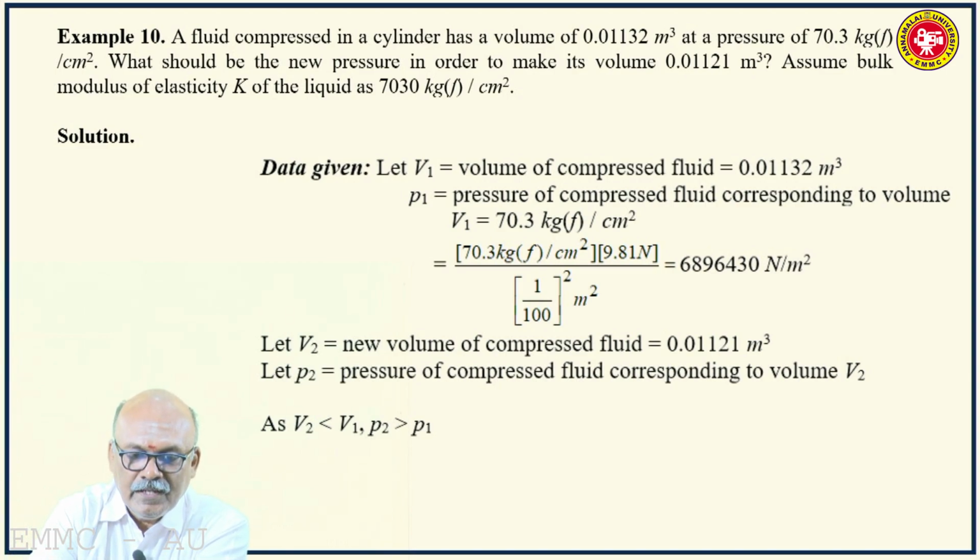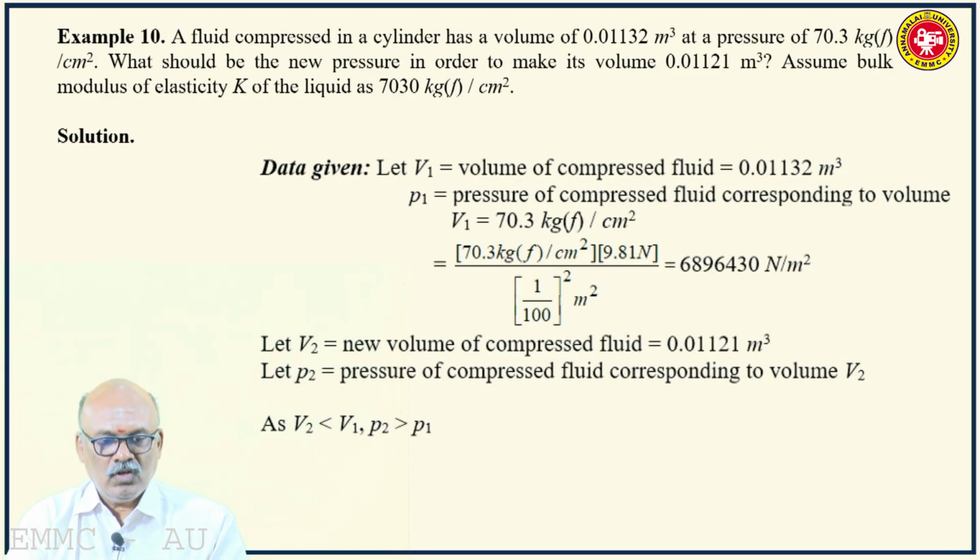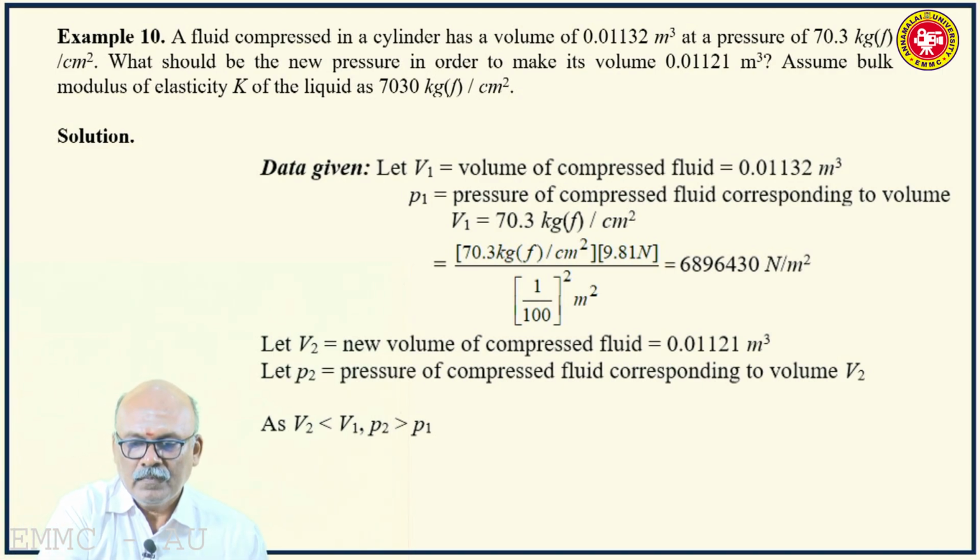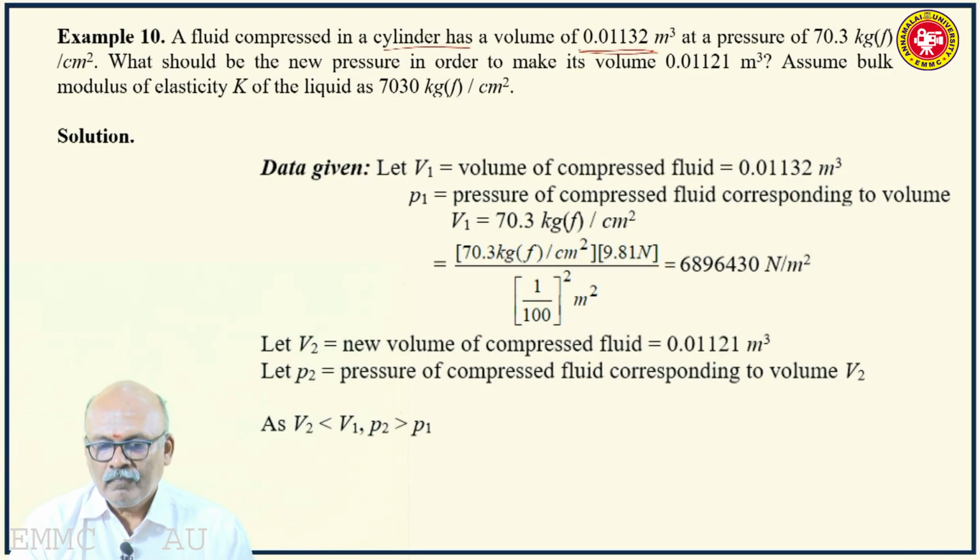It is example 10, in continuation of the previous examples we have solved on the other properties such as viscosity, mass density and specific weight. A fluid compressed in a cylinder has a volume of 0.01132 meter cube at a pressure of 70.3 kgf per centimeter square.